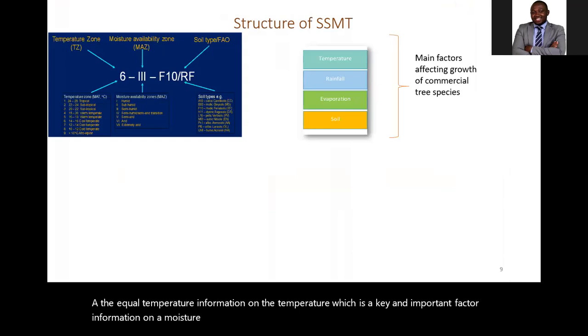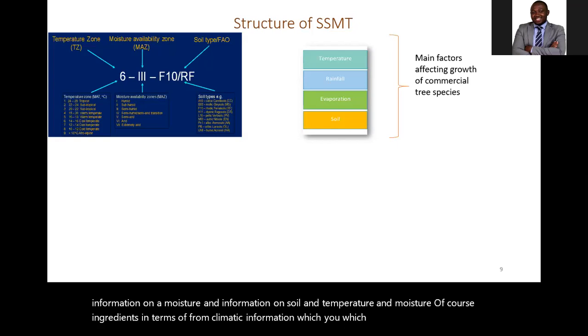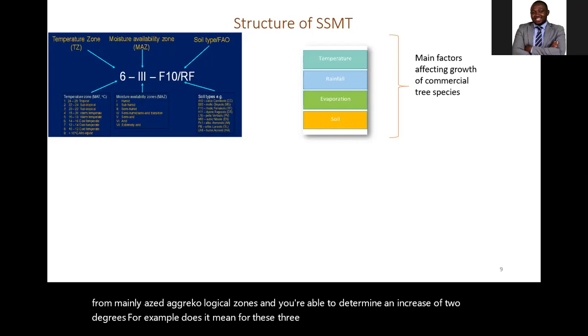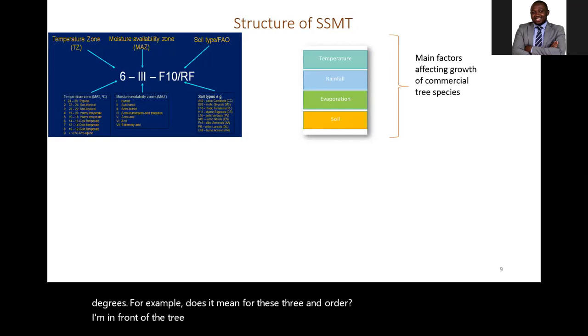And temperature and moisture, of course, are key ingredients from climatic information, which you derive mainly from AEZ, agroecological zones, and you're able to determine, for an increase of 2 degrees, for example, what does it mean for this tree, and what does it mean for another tree? And what do the different AEZ mean for different regions?